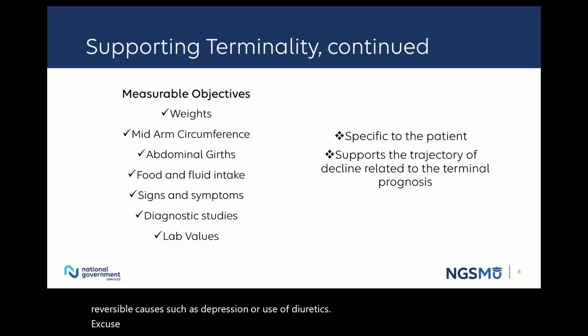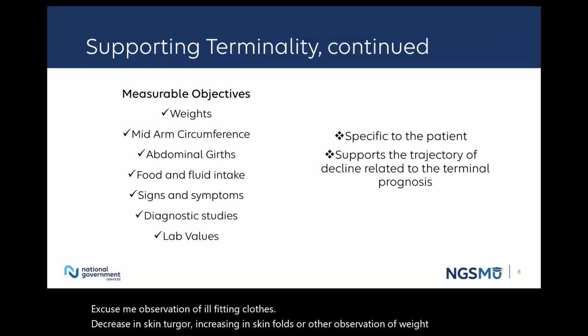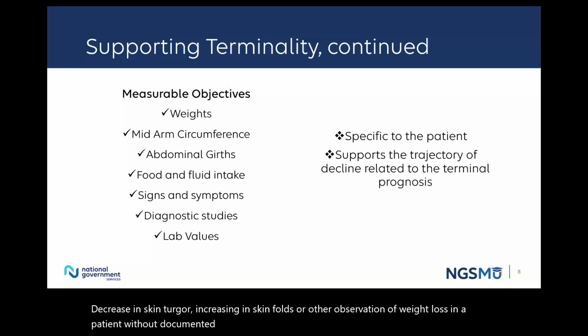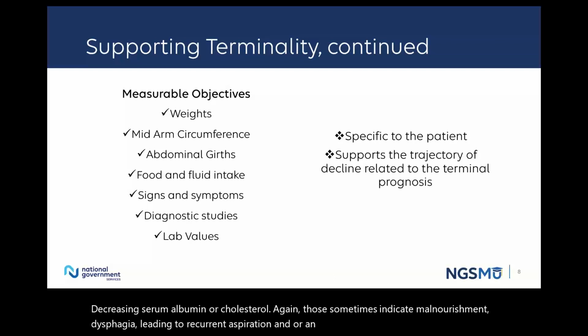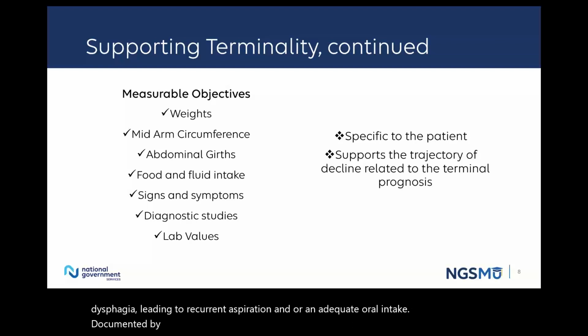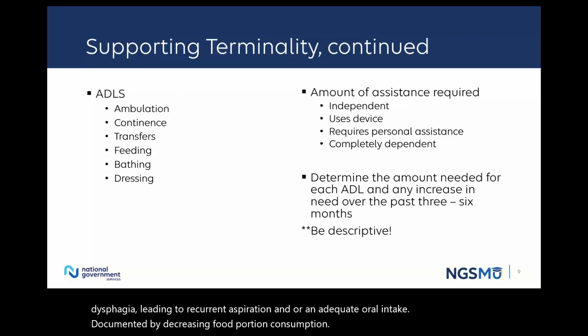Observation of ill-fitting clothes, decrease in skin turgor, increasing in skin folds, or other observation of weight loss in a patient without documented weight. Decreasing serum albumin or cholesterol, again, those sometimes indicate malnourishment. Dysphagia leading to recurrent aspiration and or inadequate oral intake, documented by decreasing food portion consumption.